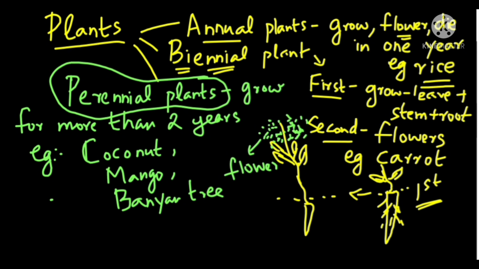So when is their juvenile? When is their reproduction? When is their senescence? You can't know that. Whereas in annual and biennial plants, you can see these 3 phases clearly.